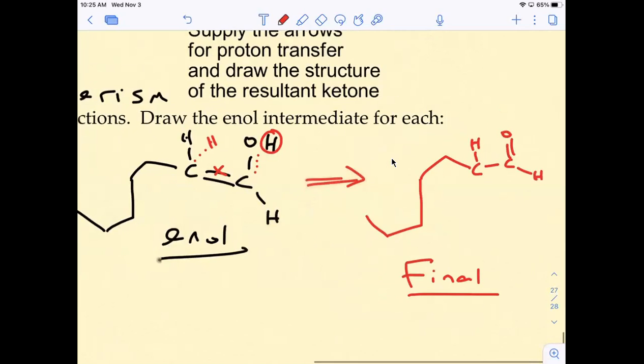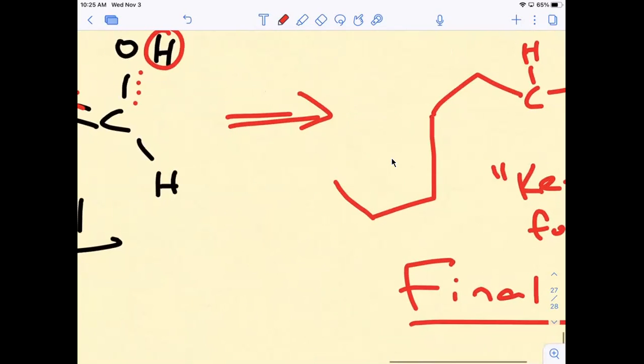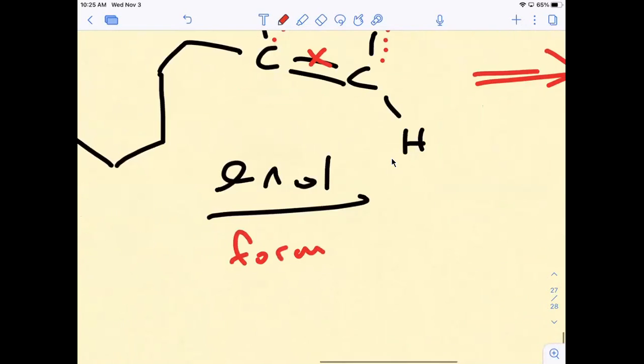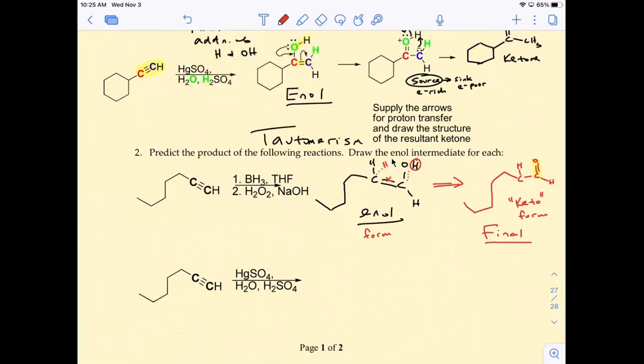And I'm putting keto in quotes because that's actually an aldehyde. This is the keto form, and this is the enol form. But if you can get to the enol, you should be able to get to the aldehyde or the keto form.